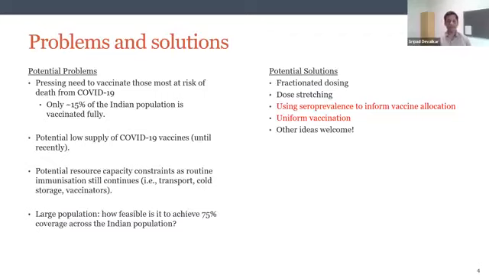And a lot of these resources are also in short supply. And so given the situation of low supply and low resources, how feasible is it to achieve this target of vaccinating 75% of the adult population, especially in the timelines that the government has set out, which is the end of this calendar year.